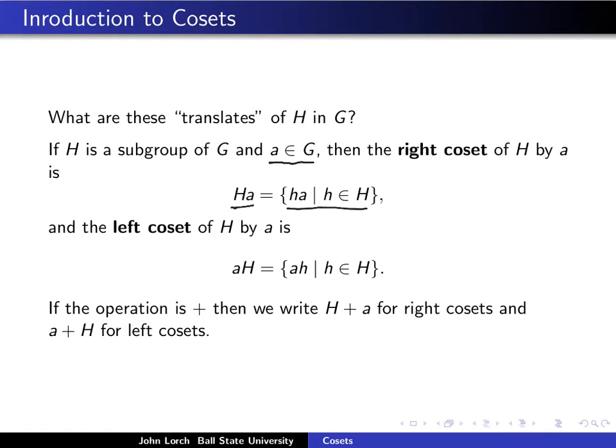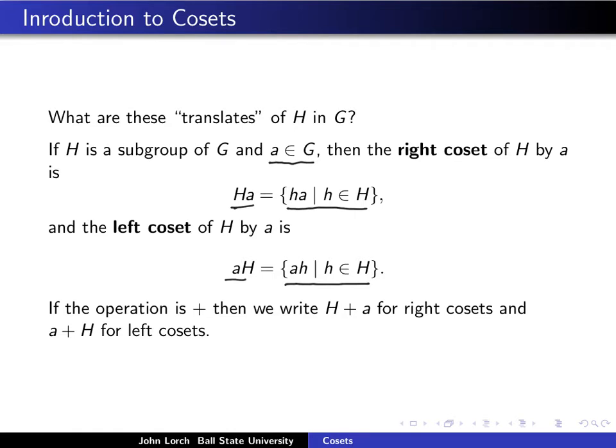The left coset of H by A is A times capital H, and that's a new set where we take everything in H and multiply it on the left by A.